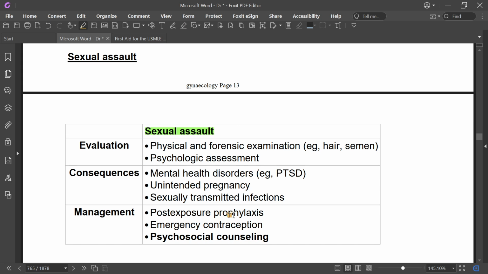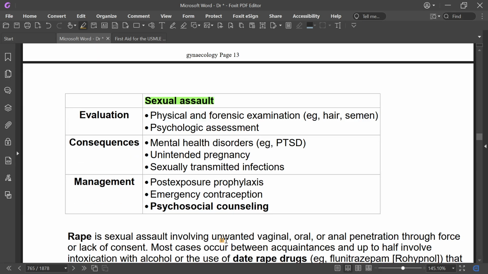Post-exposure prophylaxis, emergency contraception, and psychological counseling are a must. For PTSD or other depressive illness, psychological counseling should be given, emergency contraception for unwanted pregnancy, and post-exposure prophylaxis.